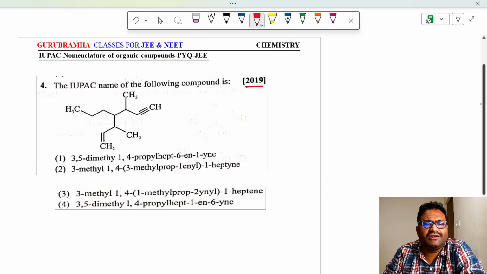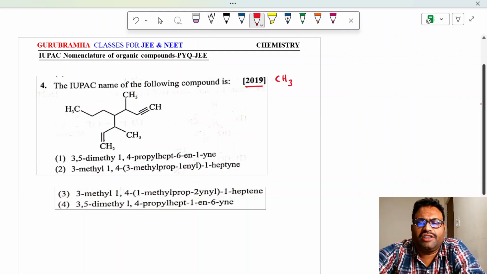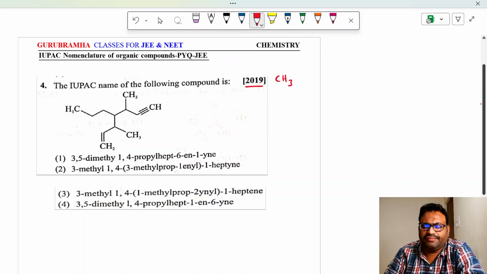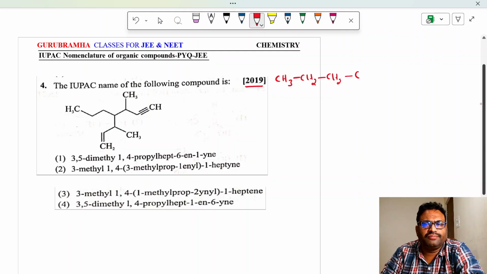let us write the detailed structural formula. CH3, next CH2, CH2, CH, CH3, C triple bond, CH3, right? Then coming to here, C, CH3, right?